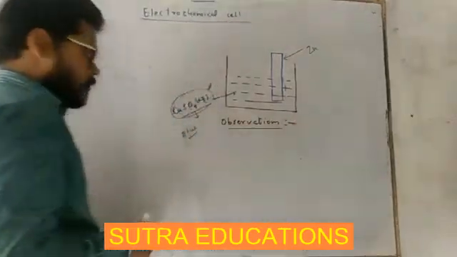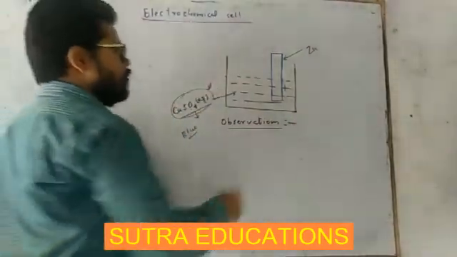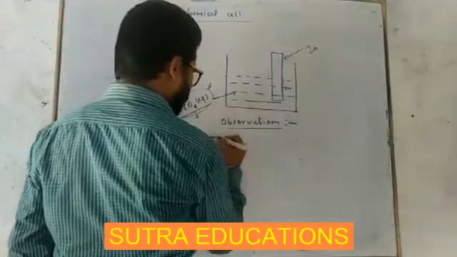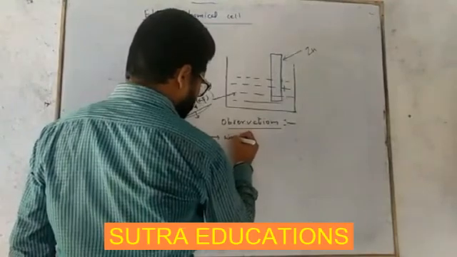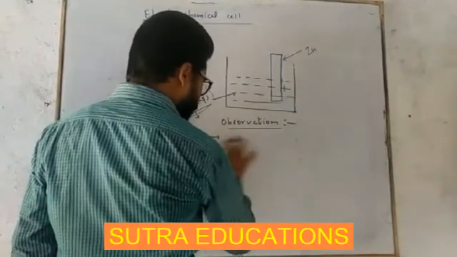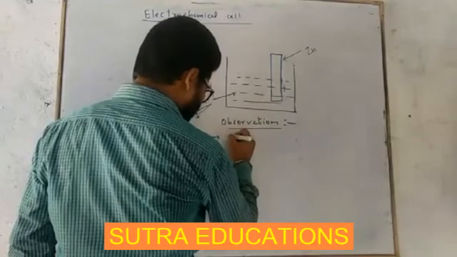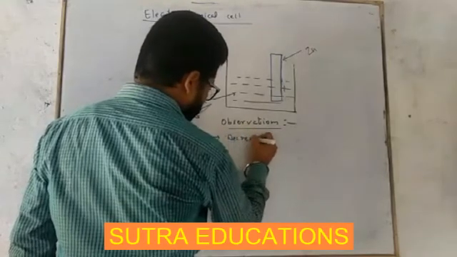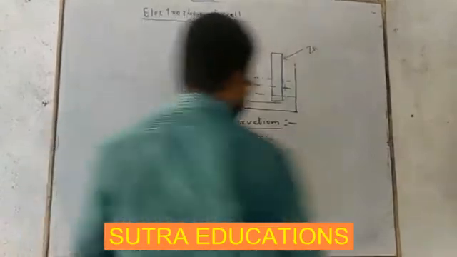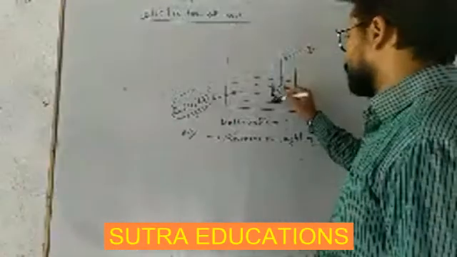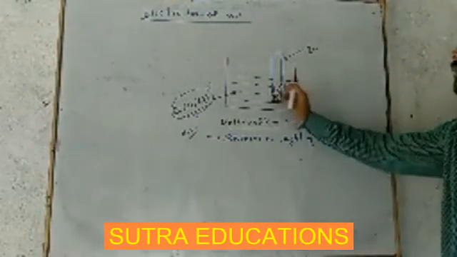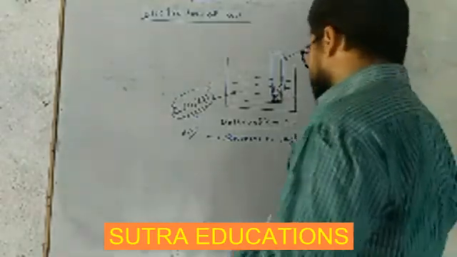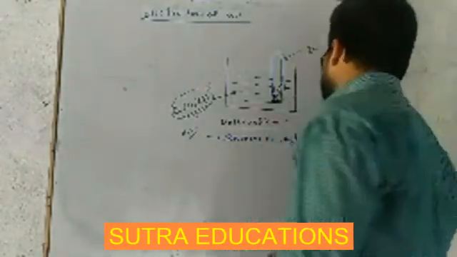First observation was mass of zinc or weight of zinc got reduced. It means decrease in weight of zinc, it lost this much mass. So we will say first observation was decrease in weight of zinc.